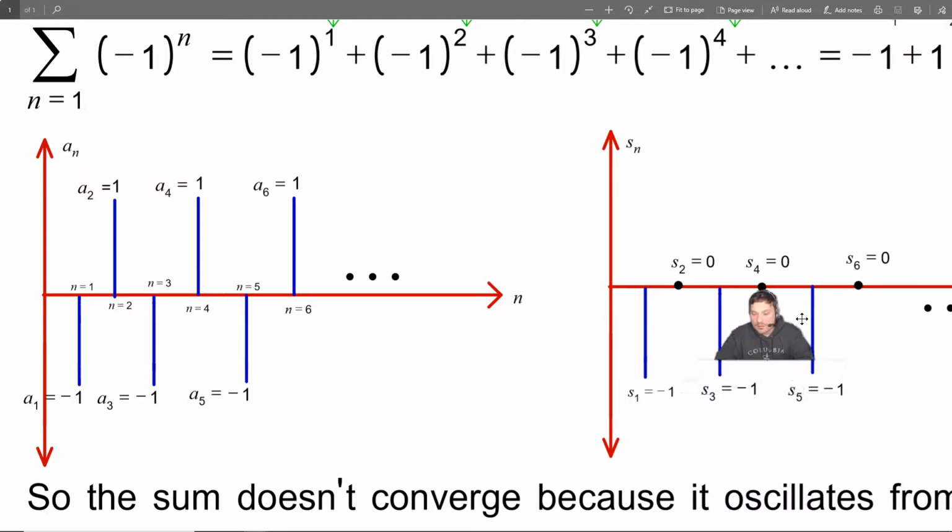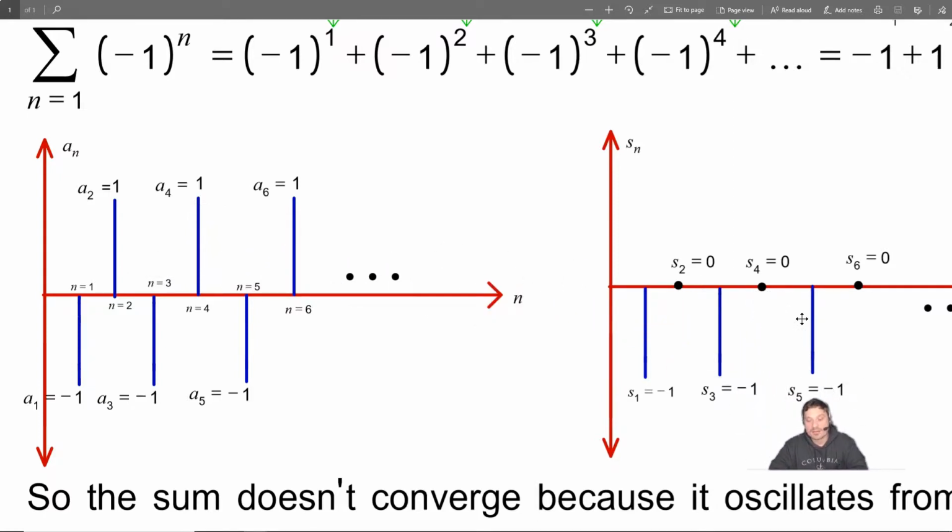Look at s sub 4: add up the first four terms. Negative 1 and positive 1 is 0, 0 plus negative 1 is negative 1, and negative 1 plus that 1 gives a sum of 0. So s sub 4 is 0.